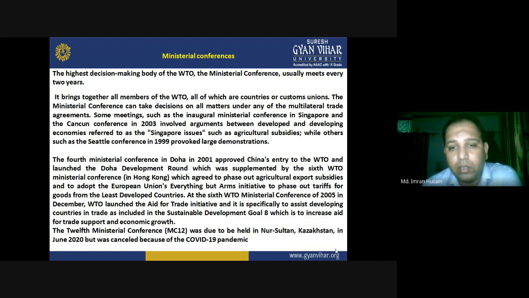At the Sixth WTO Ministerial Conference of 2005 in December, the WTO launched the Aid for Trade initiative, especially to assist developing countries in trade, as included in Sustainable Development Goal 8, which is to increase aid for trade support and economic growth.